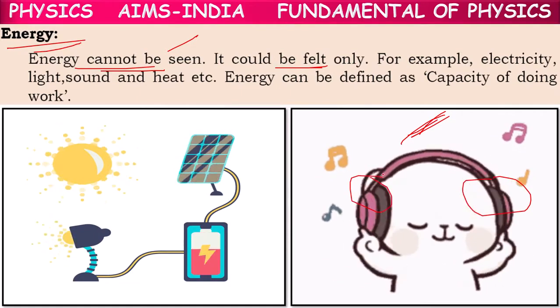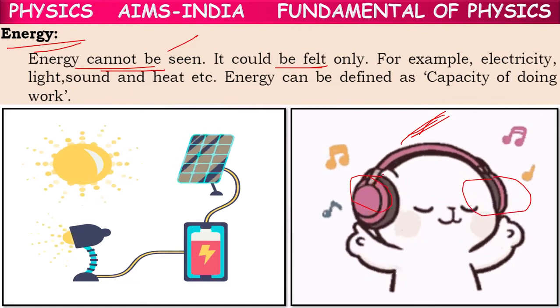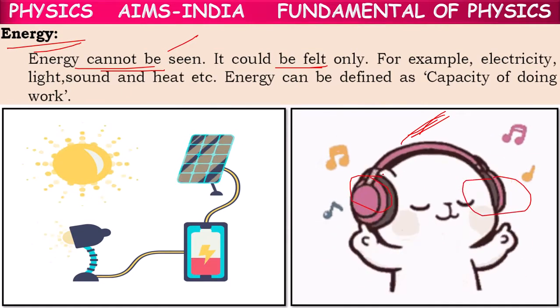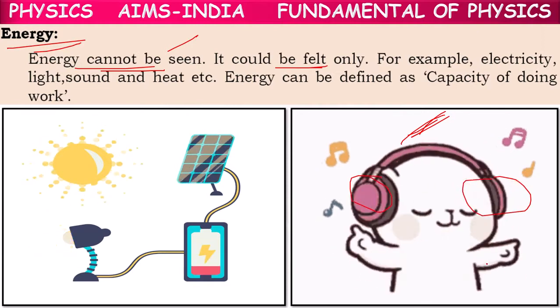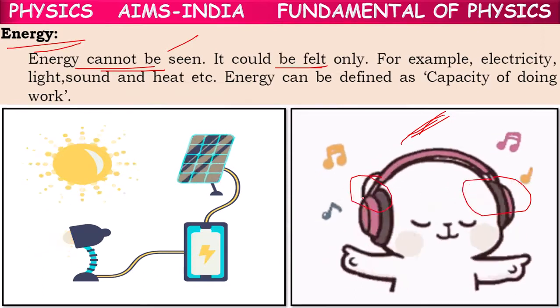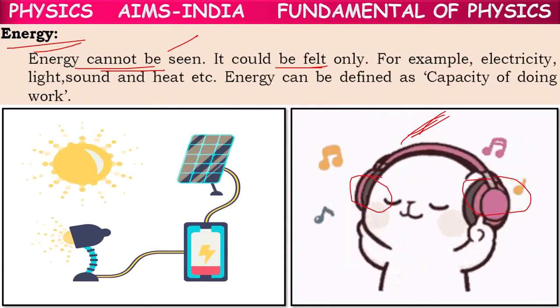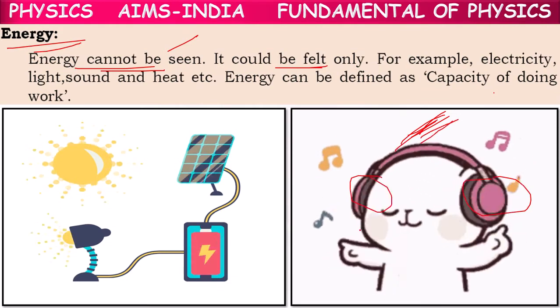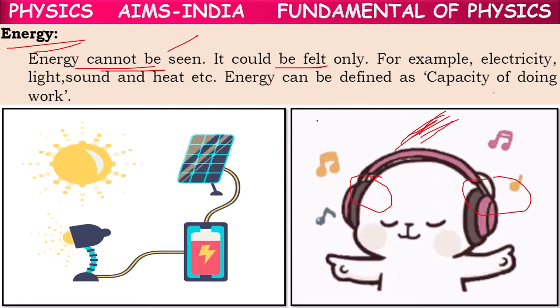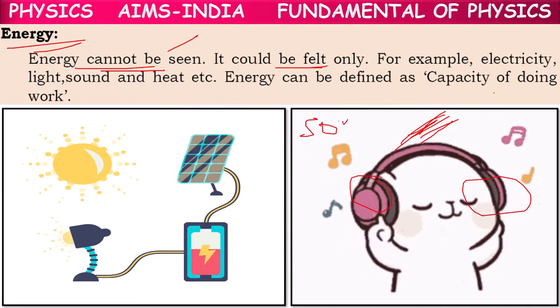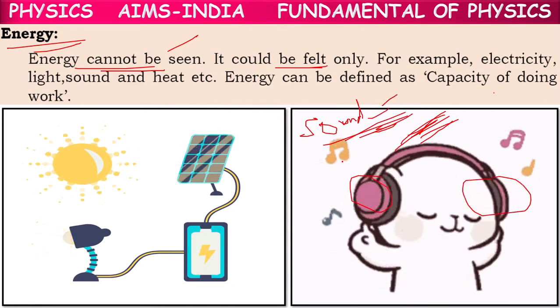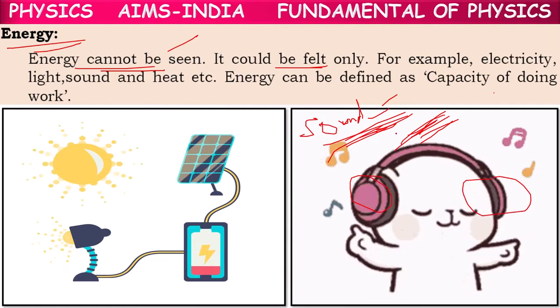You can tell the song is very nice, it's melodious, or it's a rap song, or a disco song. You can enjoy it by listening, but you cannot see the song, because sound is a form of energy which we can feel but not see.